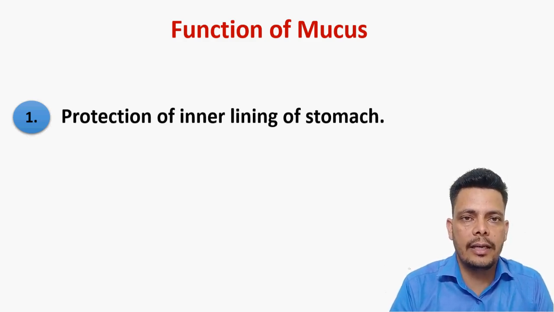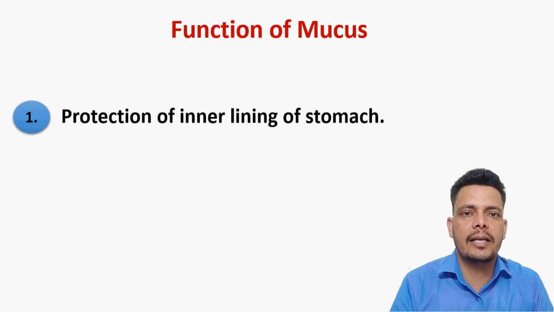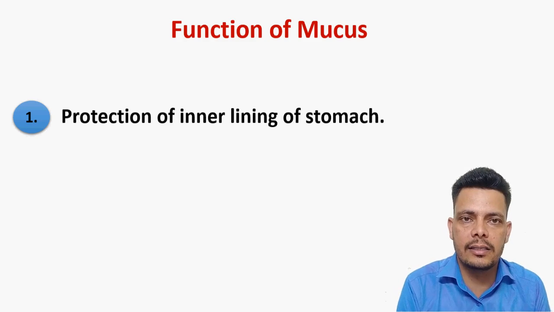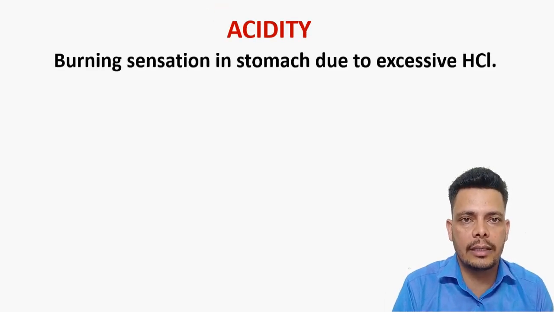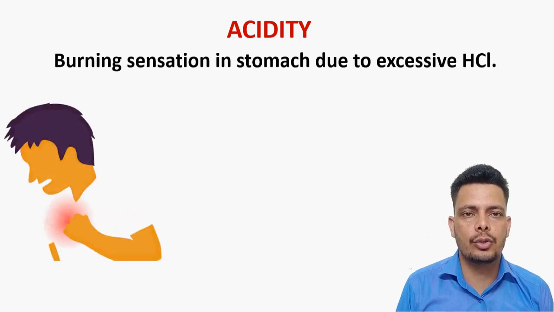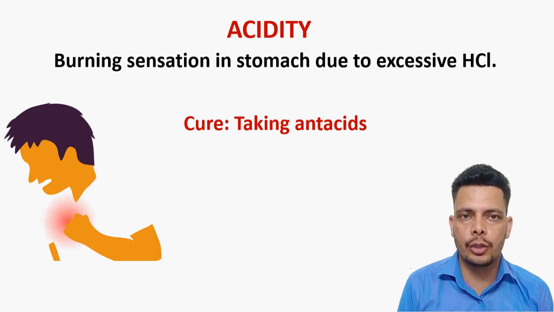So what happens if the mucus is not there or extra acid is secreted? In that case, it digests the mucus and causes the burn inside the stomach that we call acidity. So now how to cure the acidity? You need a base to cure the acid. So antacids are there.